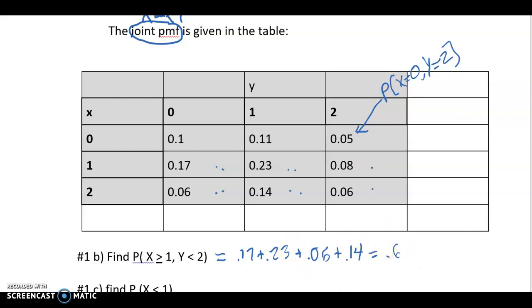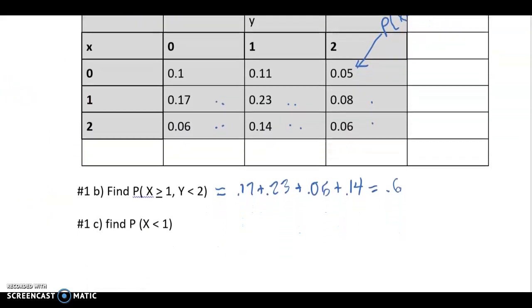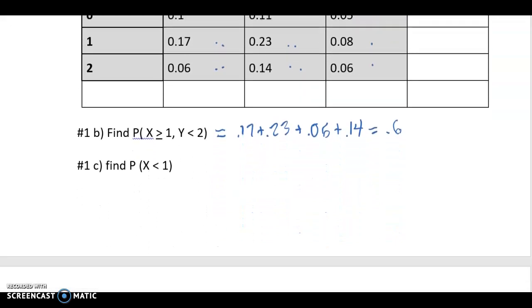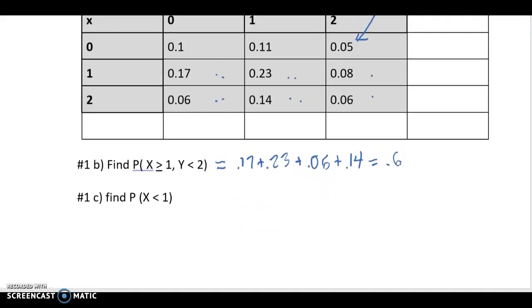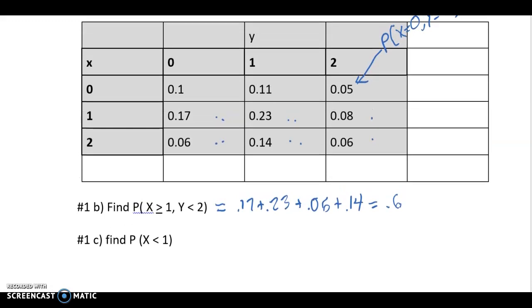Okay, so all right, the probability of this, you add up the appropriate values in the table, just like you did when it was a single variable. All right, so let's keep going. You could easily find the probability x is less than 1 there. And you'll probably do that for a little assignment right now.